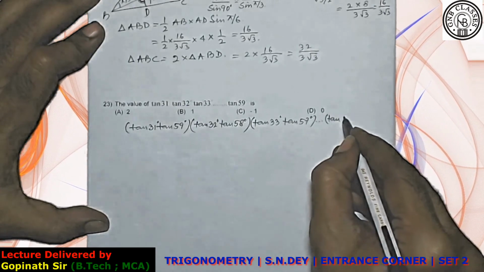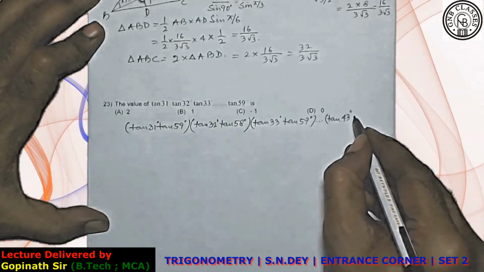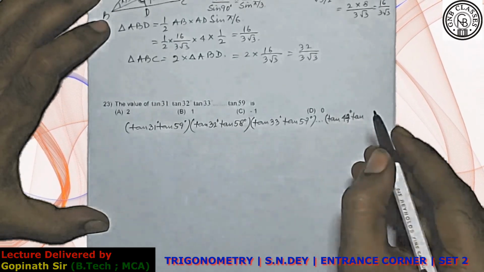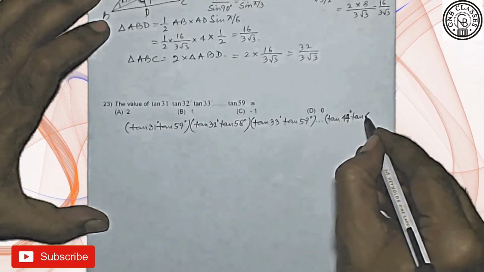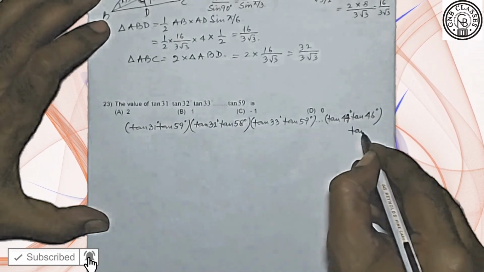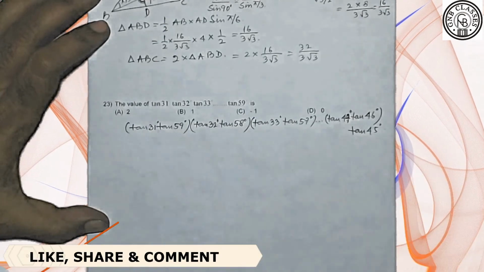Then we will come to tan 43 degrees, tan 44 degrees, and tan 46 degrees, okay? And we will be left with the middle term, which is tan 45 degrees.